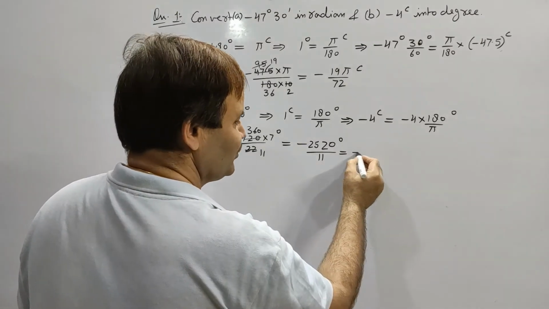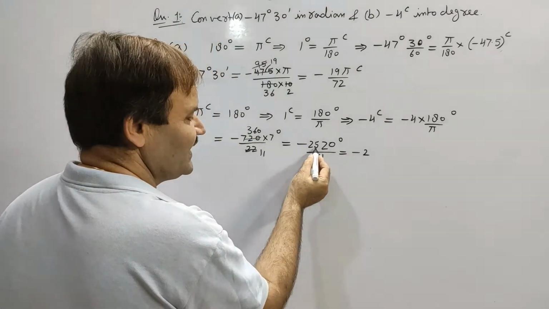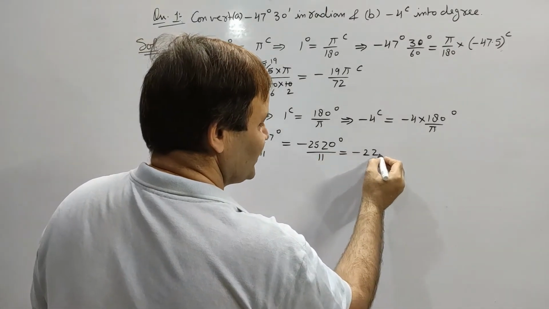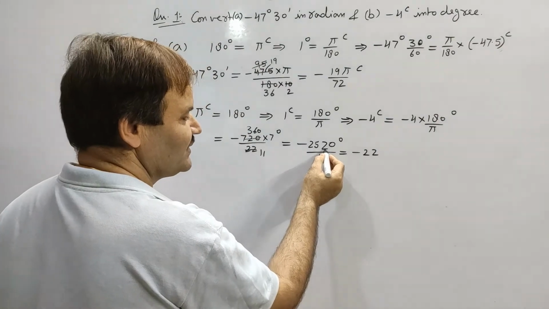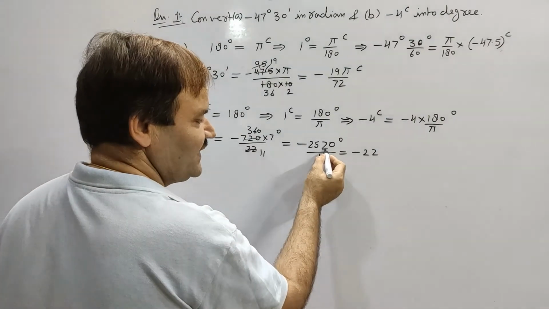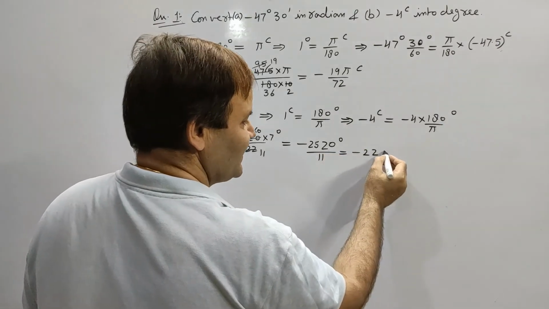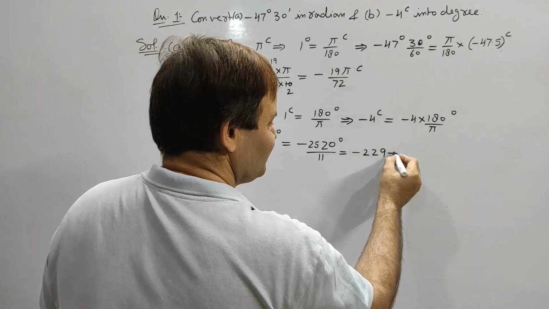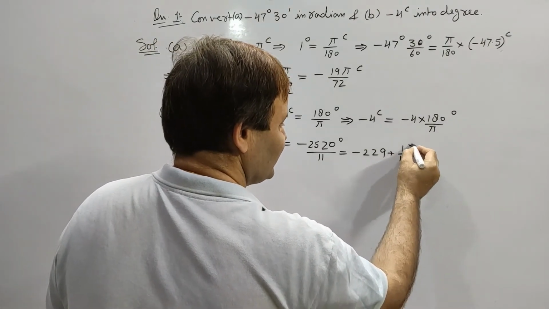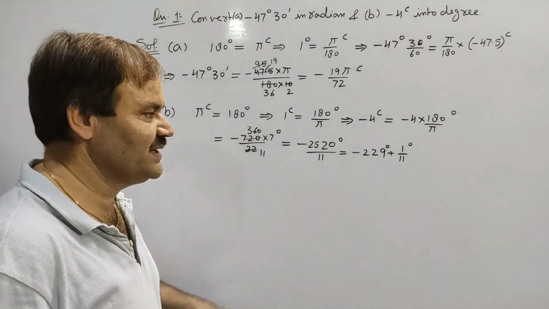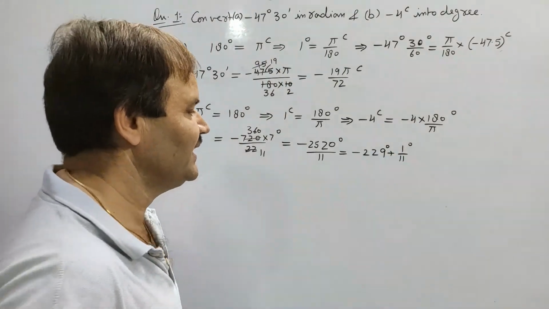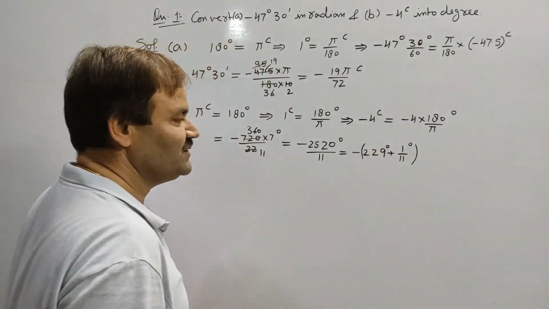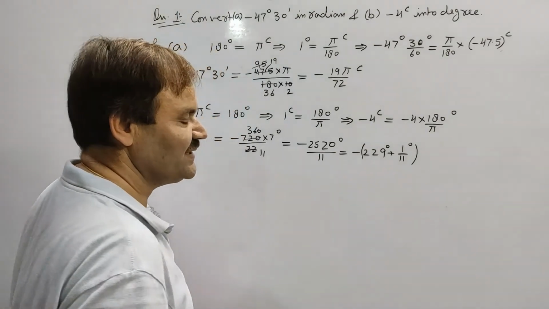Now 11 twos are 22 and we get 3, 32 by 11 twos are 22 and we are left with 10, 100, 11 nines are 99 and we are left with 1. So it is 229 degree complete plus 1 by 11 degree. Now it should be written in a bracket because the entire angle is negative.